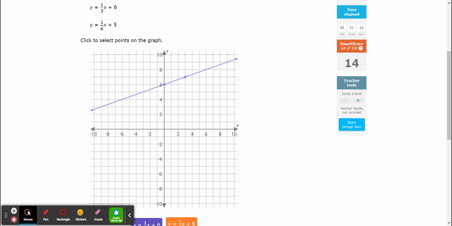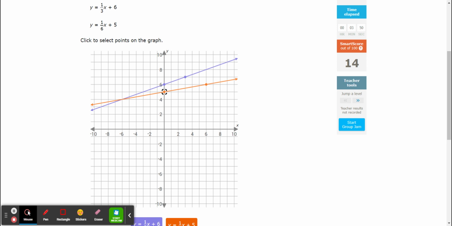So next line is y equals 1 over 6x plus 5. So I start at 5, and it is 1 over 6. So I go up once, and then I go over 6. Or I could go down once and then to the left 6. Either way, you see that it's still going to intercept at the same spot.